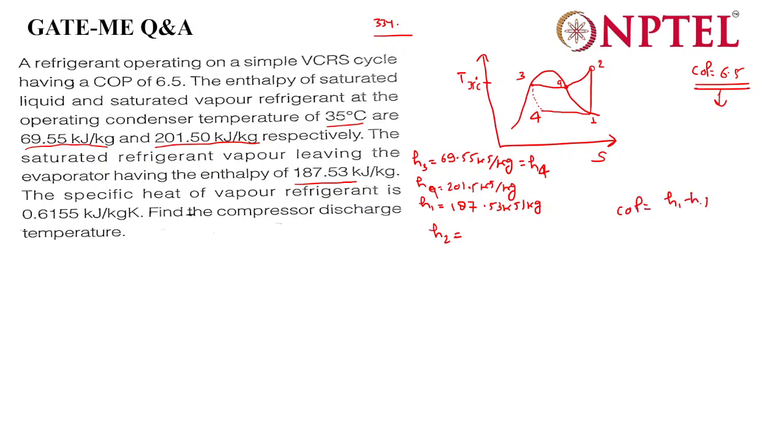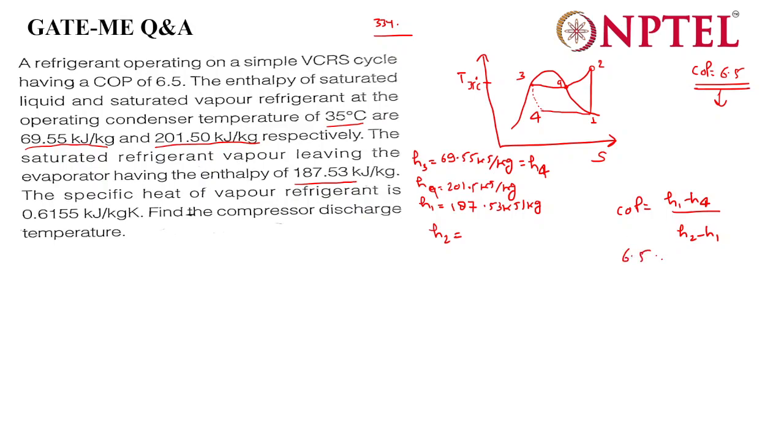H1 minus H4. This is the refrigeration effect, right? And the compressor input is H2 minus H1. Now you know all the data here apart from H2.